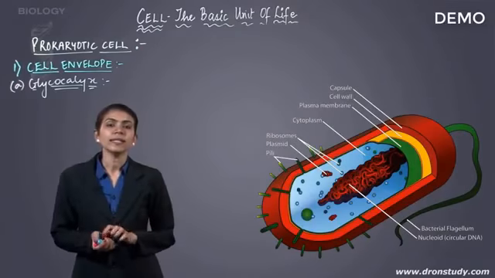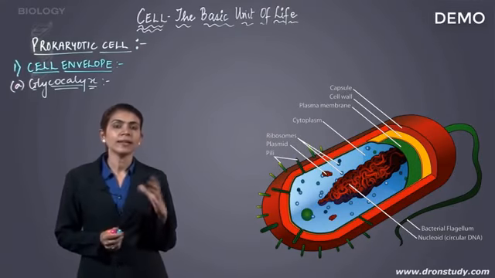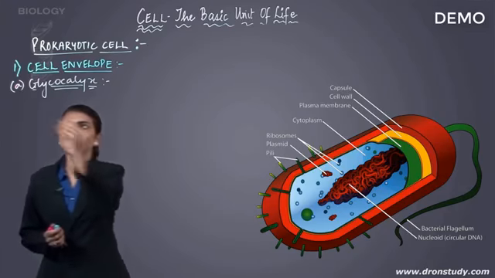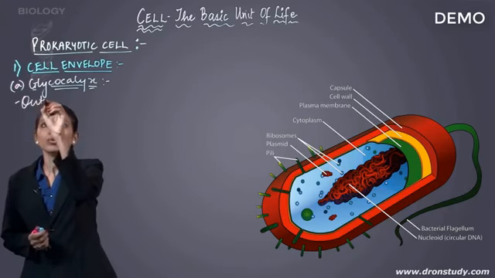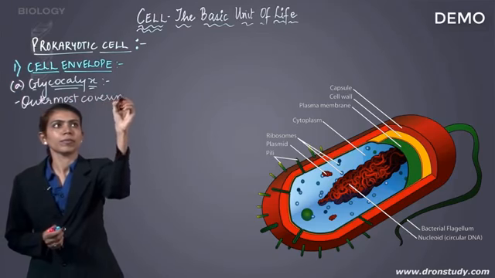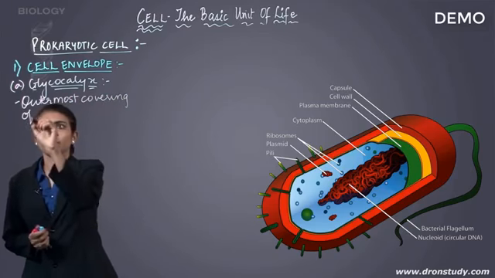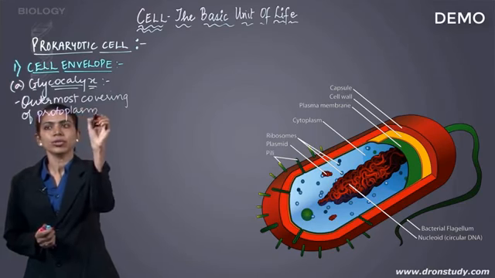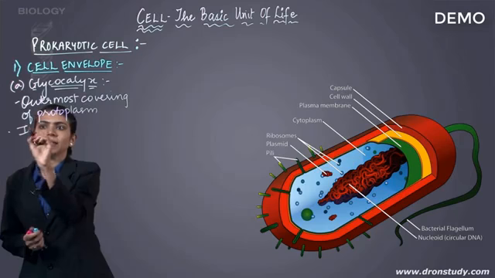The glycocalyx in turn is made up of 2 layers, an inner S layer and the outer layer of mucilage. It is divided into an inner S layer.